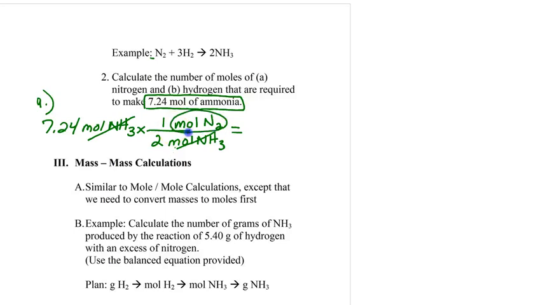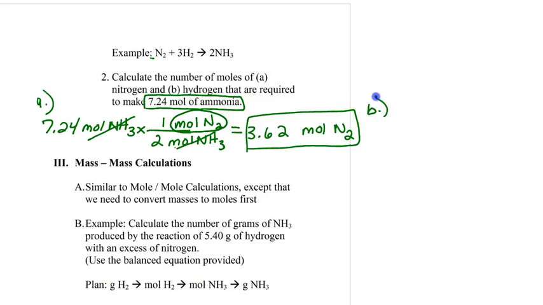We know we have moles of nitrogen on top, so that will be our unit. Divide it out, and you should get 3.62 moles of nitrogen are going to be required. Does that make sense? Absolutely. Why? Because it's a 1-to-2 ratio. So it should be half the amount of nitrogen needed.